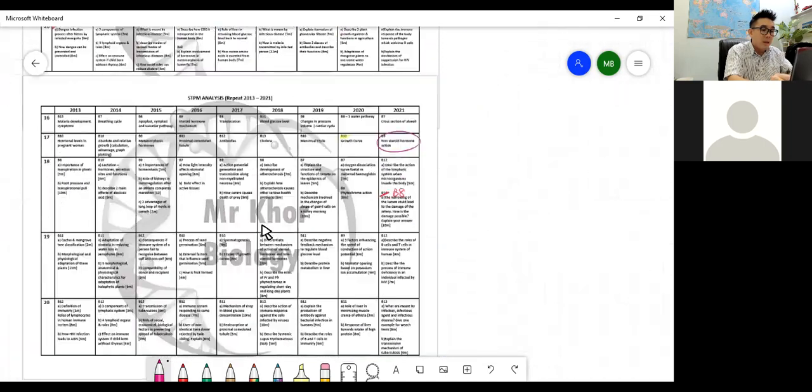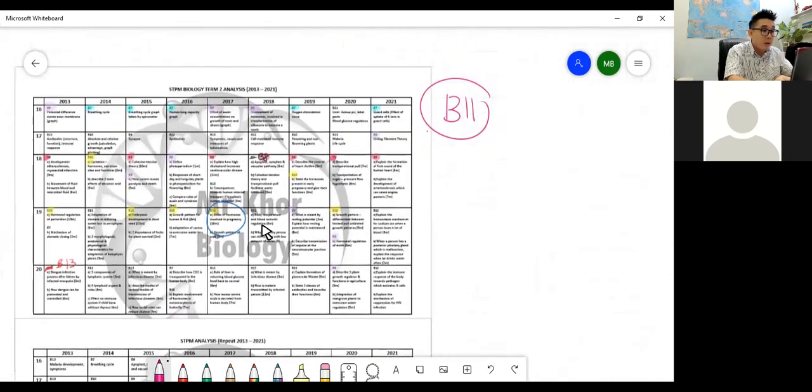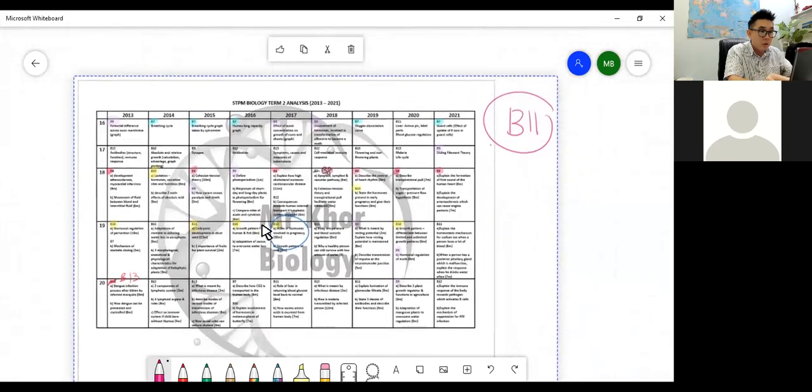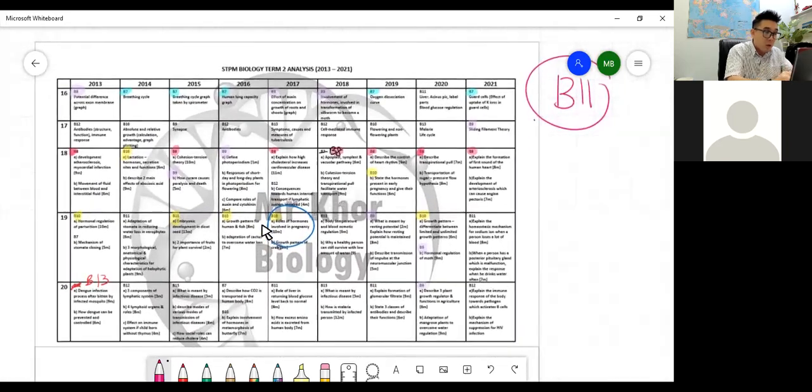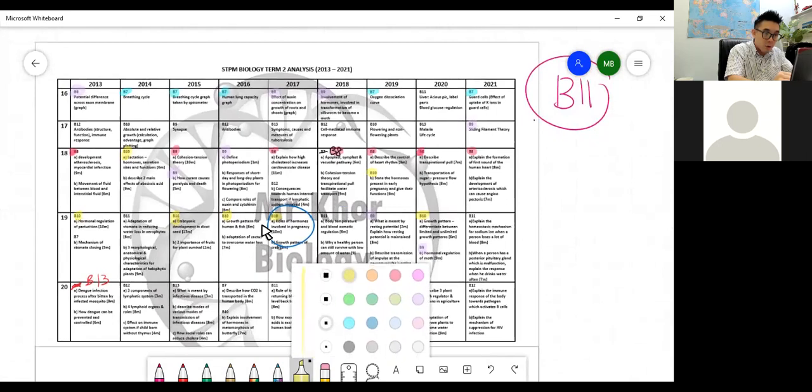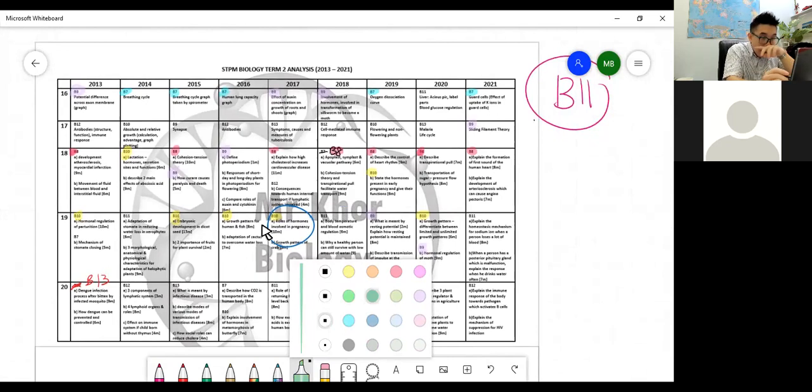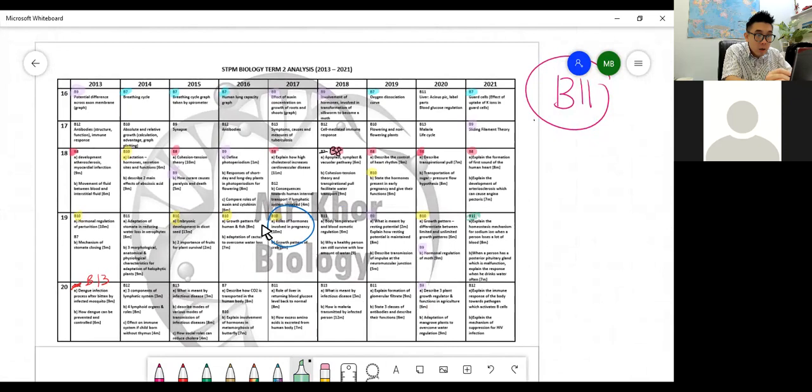Let's see what came out for homeostasis. Let's go for green. Okay, homeostasis came out last. What happens? Oh yeah, mechanism for sodium ion when a person loses a lot of blood.